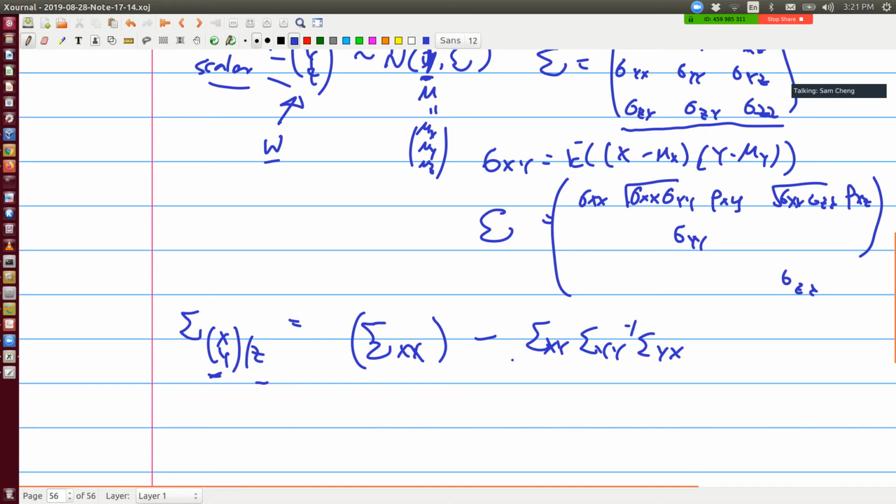Sigma xx will be just this part. This is a little bit confusing because we have big sigma and small sigma. The big sigma is a matrix, so we use the earlier notation here, and the small sigma is a scalar.